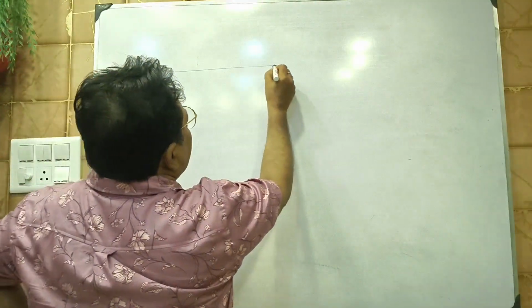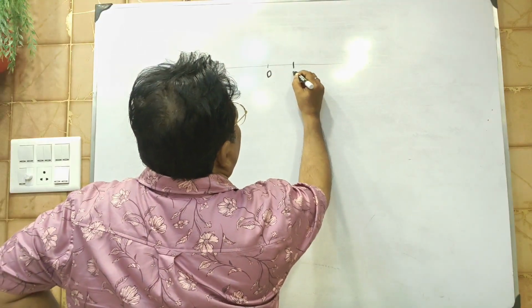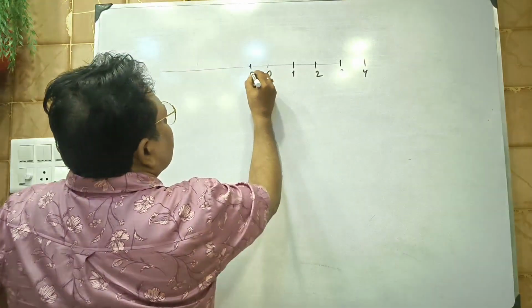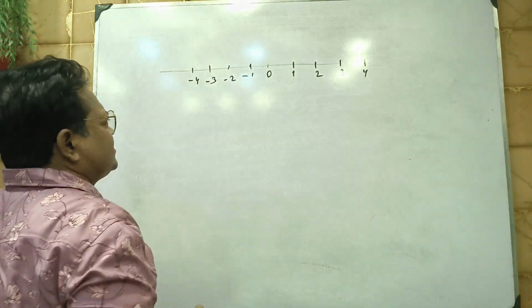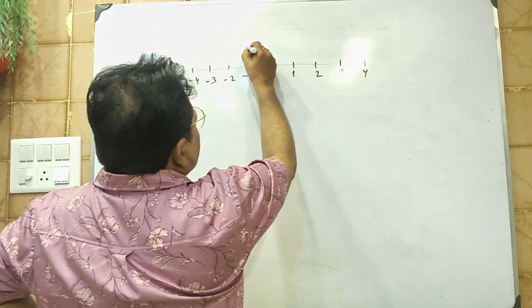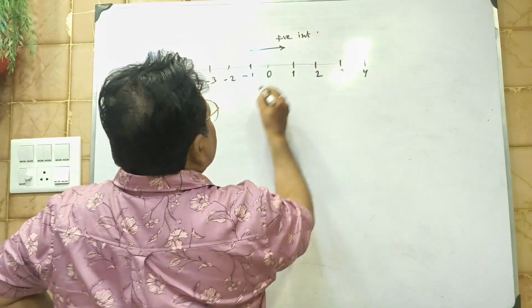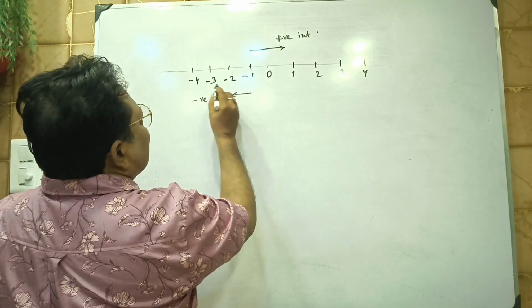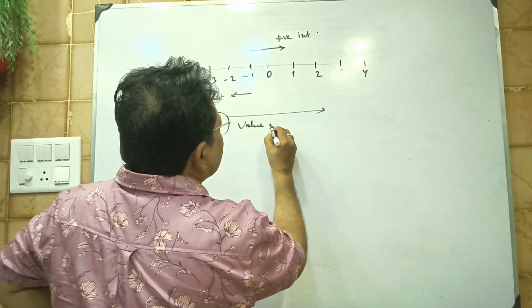See, there is a number line. If we draw it, it is called a real number line, where it is 0, 1, 2, 3, 4, and here -1, -2, -3, -4, etc. These are all integers. These are called positive integers, and these are called negative integers, and the value increases from left to right.